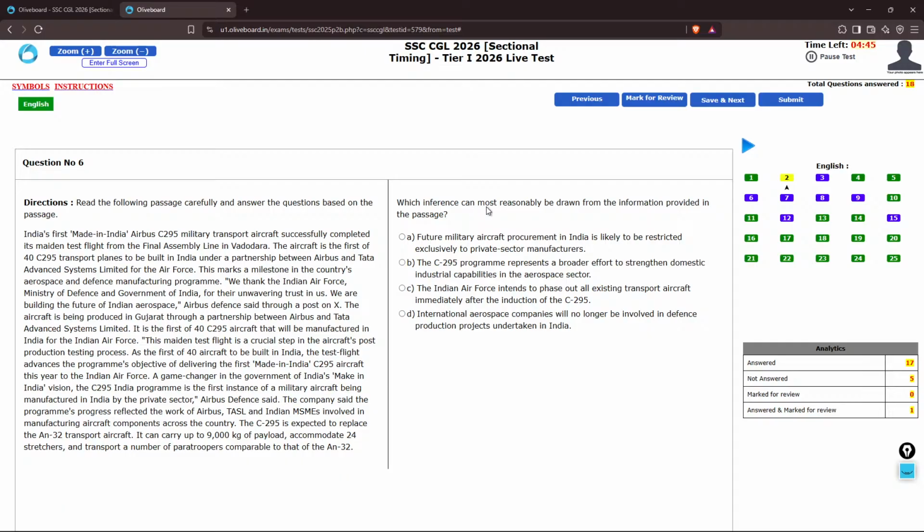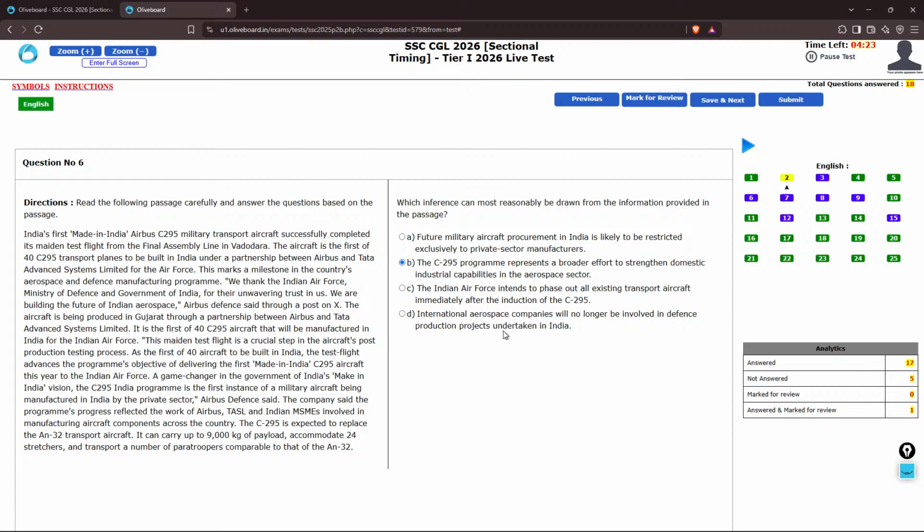Which inference can most reasonably be drawn from the information provided in the passage? Future military aircraft procurement is likely to be restricted. No. The C-295 program represents a broader effort to strengthen domestic capability. Maybe intent to phase out all existing transport aircraft immediately.